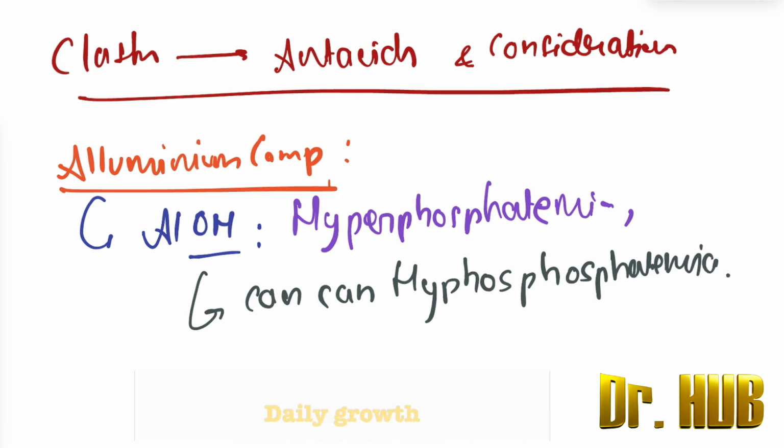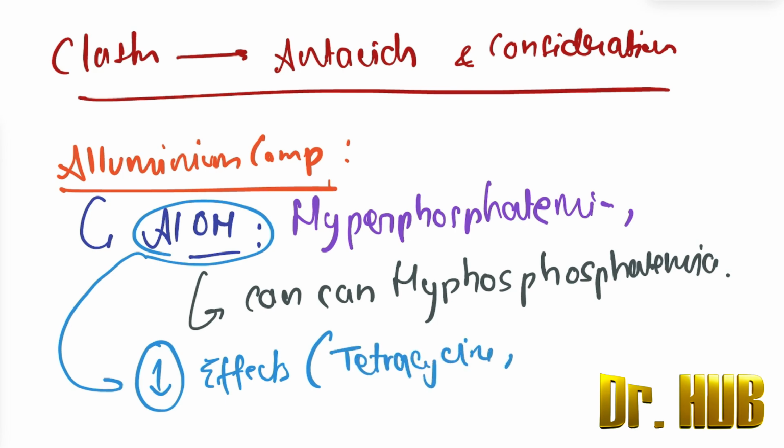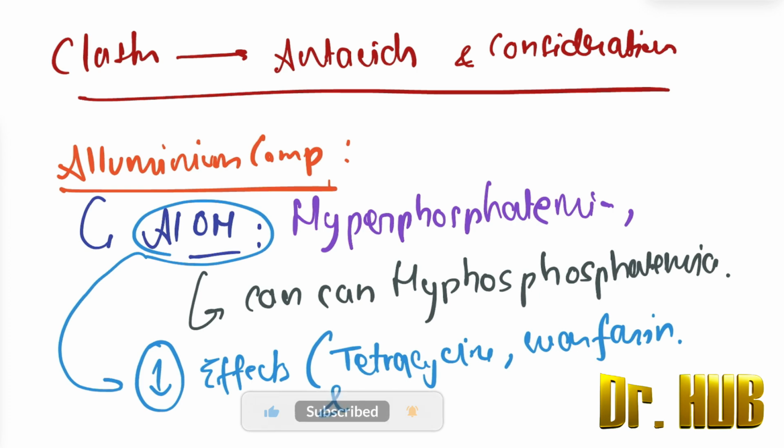Next, we look at aluminium hydroxide. It can reduce the effects of tetracyclines, warfarin sodium, as well as digoxin.